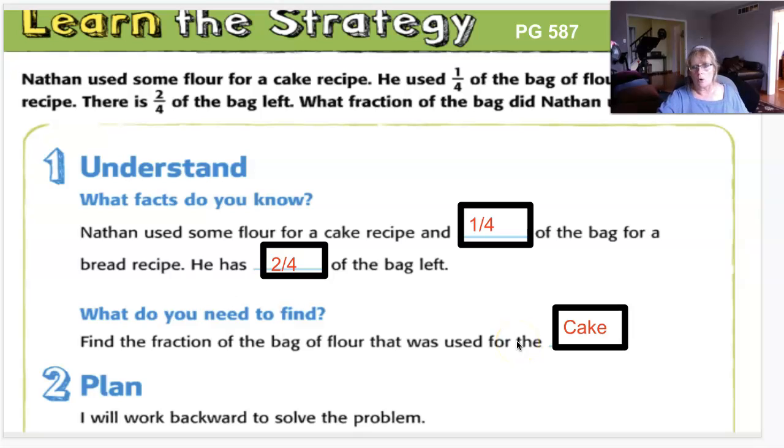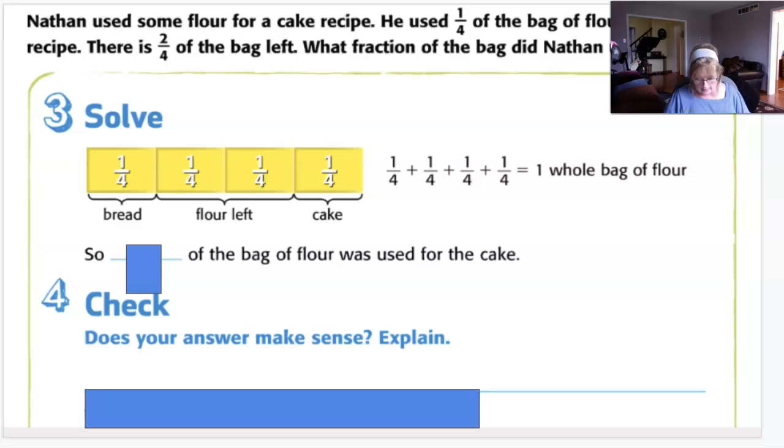I'm sure most of you automatically have it already, but I do want to talk about how we would take a problem and work it backwards. Let's go to the next screen, which is still on page 587. What they did here is they took the bag of flour and cut it into 4 equal parts.